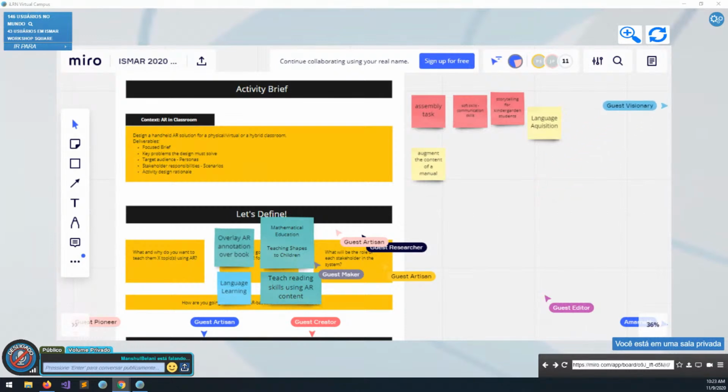Okay, so now I think the next thing we have to decide is whether we are targeting it for a physical classroom or a virtual classroom or a hybrid classroom. I think we could target this for a virtual classroom. One reason being that currently this pandemic situation has led to a lot of online learning, as I was mentioning before also.